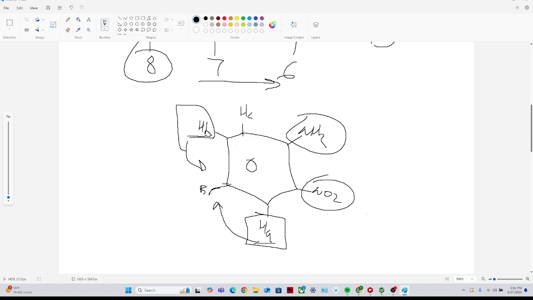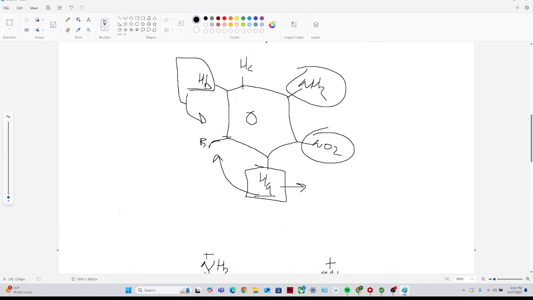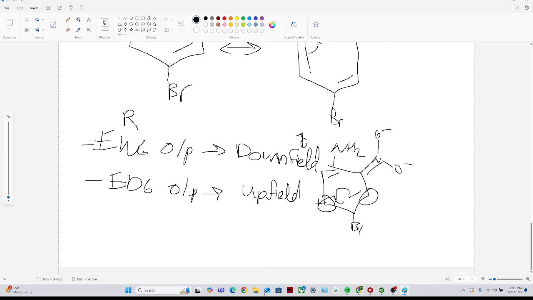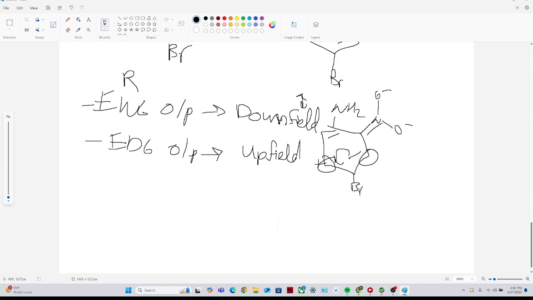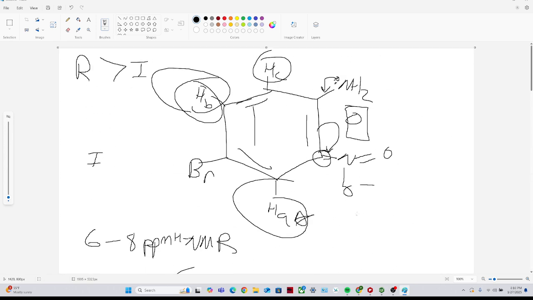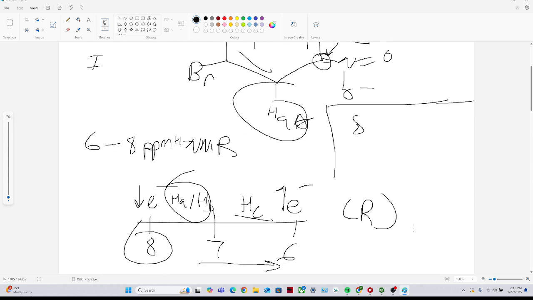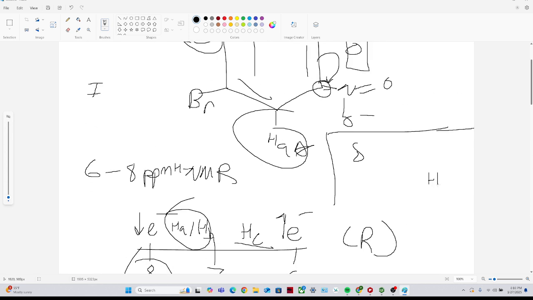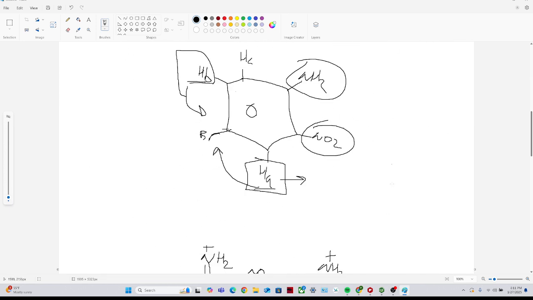And so I can safely say that there's probably a good chance that HA is going to be even further downfield from HB. And so chemical shift-wise, actually, I'll do it up here. If you just pay attention to this bottom right corner, I can say that HC is going to be at the very end by resonance, and greater than that is going to be, what do we say?